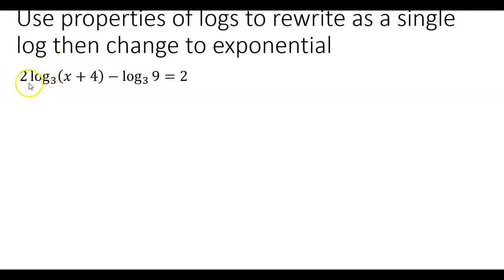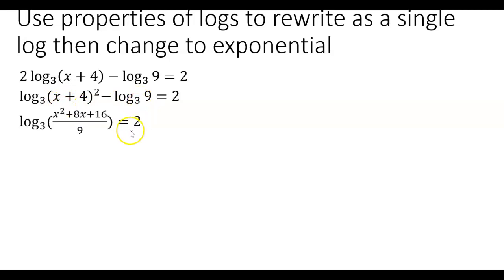As long as it's a logarithm. So I'm going to take this 2 and put it up into the exponent position, and that will then give me a log base 3 minus a log base 3, which can be combined under one log base 3 while dividing the two arguments together. But remember, the first one goes on top and the second one goes on the bottom.